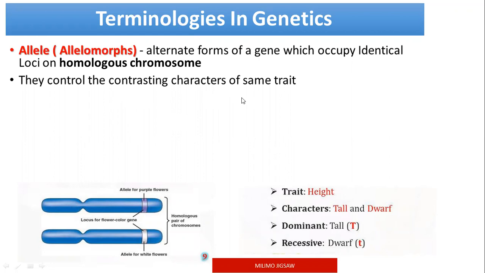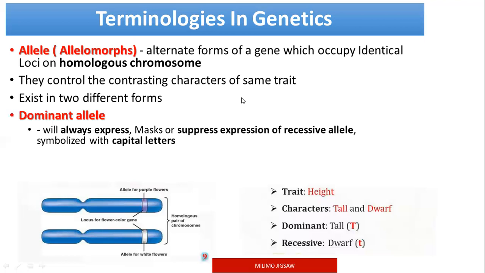For example, height. In the example of the pea plants that Mendel used, we have the gene for height, which has two alleles. It's either tall or short. So tallness and shortness are examples of these contrasting forms, or alleles. They exist in two forms. It's either a dominant allele or a recessive allele.